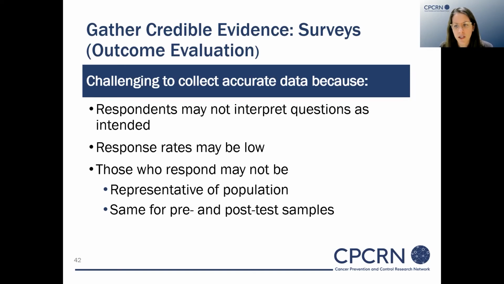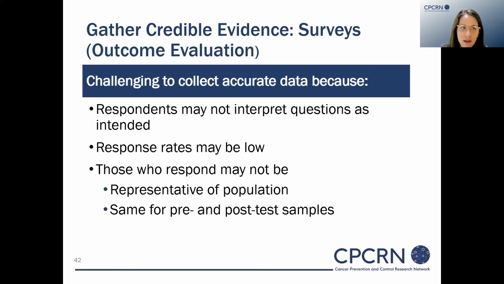And another thing that's tricky with surveys for outcome data is that often response rates can be kind of low. It can be difficult to get enough people to take the survey, or your survey sample size might not be large enough to really talk about the change. And another thing to think about is the people who are most likely to actually complete your survey tend to be the ones who have the time and the energy and probably interest in your topic to take the survey on.